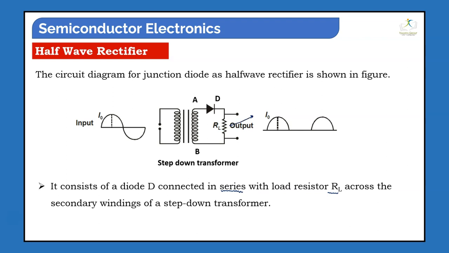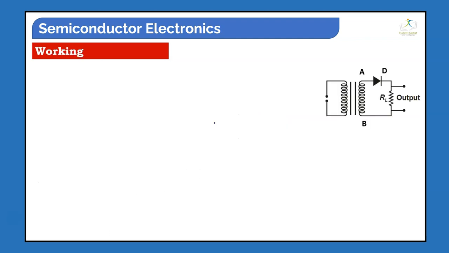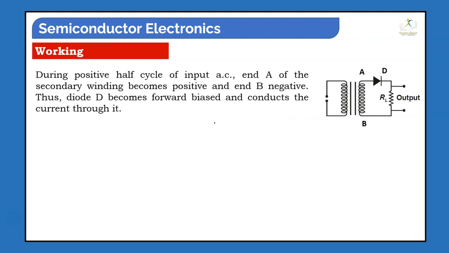RL can be a bulb or any high resistance appliance, so that we can say the current is actually conducting. It is across the secondary winding of a step down transformer. The primary of the transformer is connected to the AC supply. How does it start working?